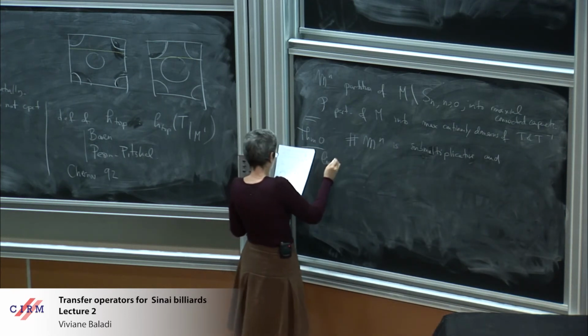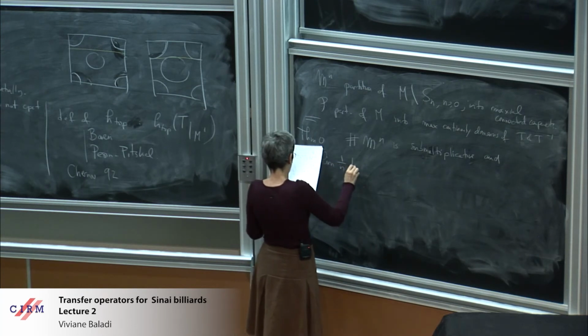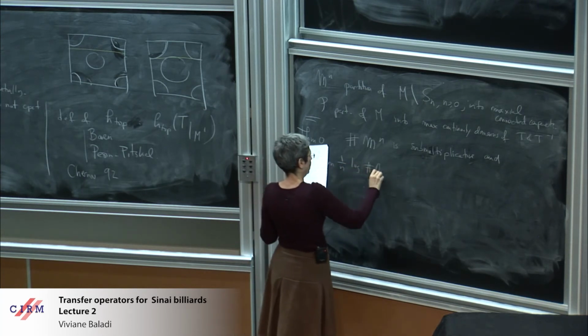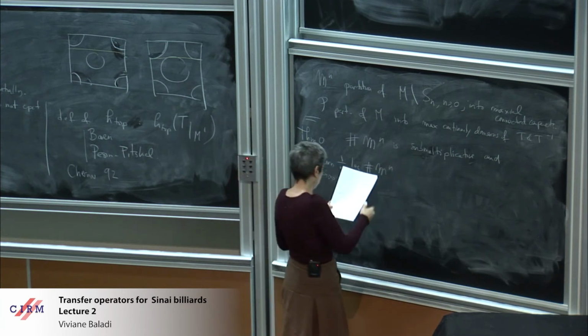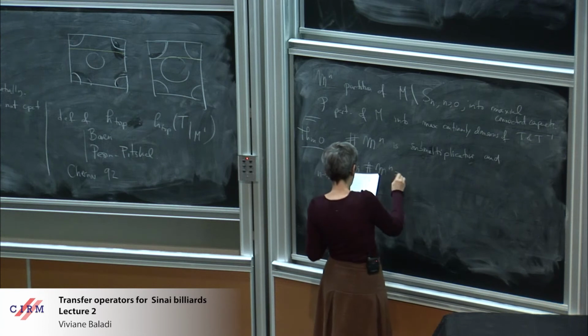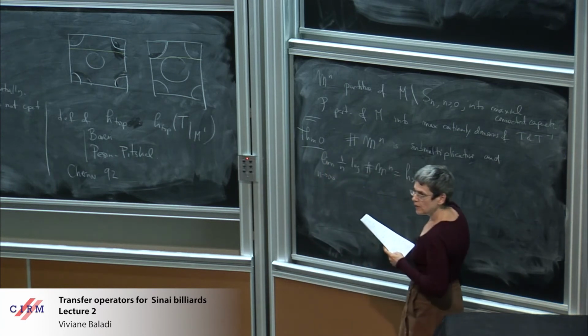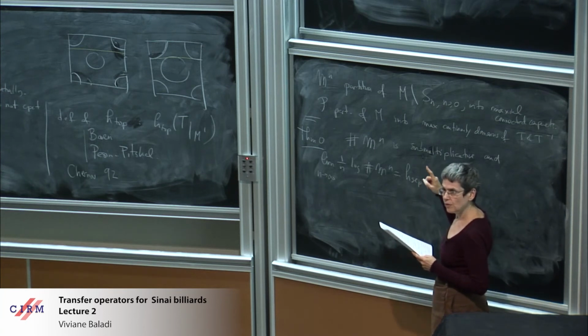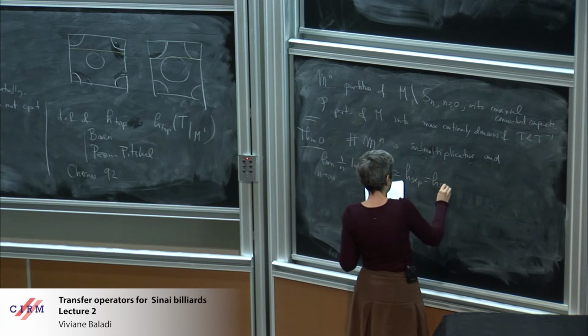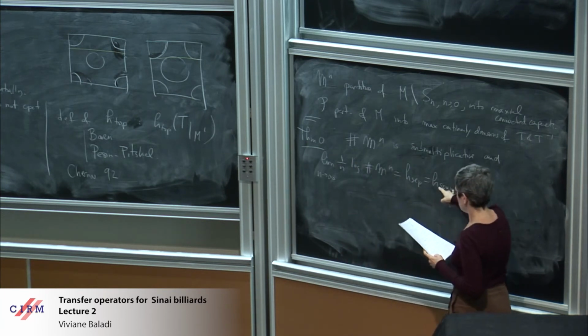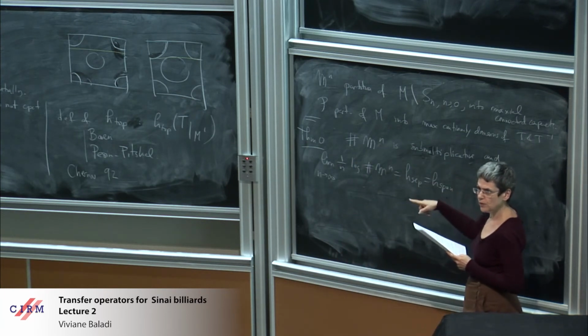And what you guessed is true. So if I take the log of the cardinality of Mn, I can take the limit because it's submultiplicative. And what I get is the same thing as a separation entropy, which was in the course of Vaughan. And I won't recall the definition by using spanning sets, but you probably know it.